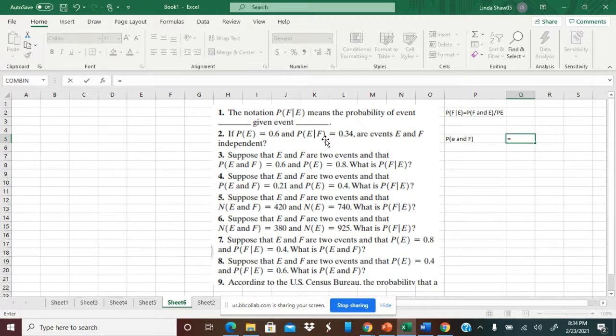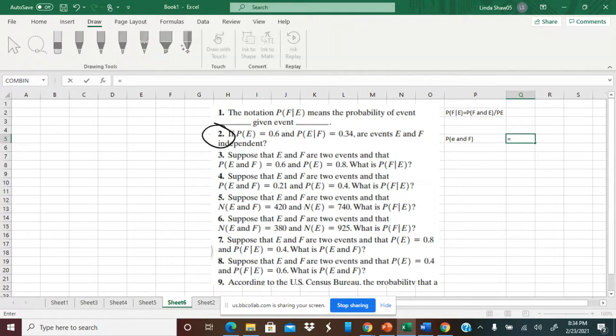I'm very conscious of the time, so let's circle that and I will talk about that next time. That'll be a leftover. Okay, let's do number 3, Linda. So we have E and F, so we're basically just plugging these in. This exact formula up here is what we're doing.